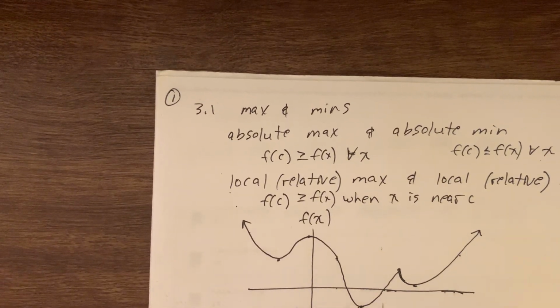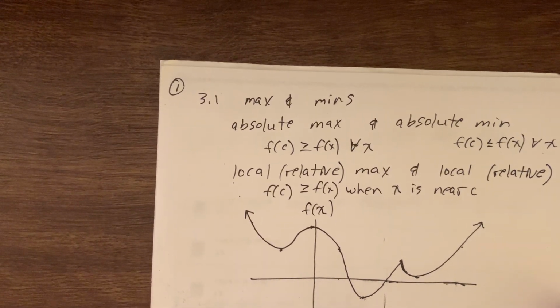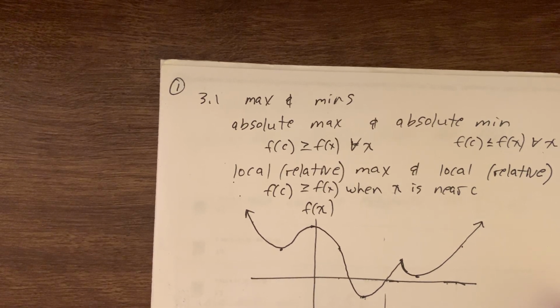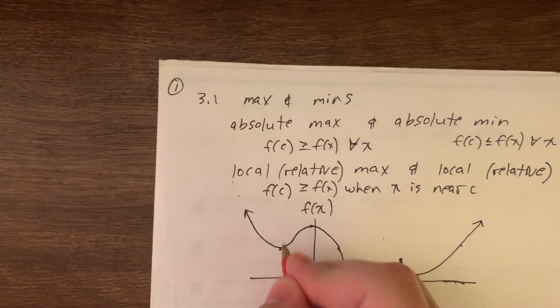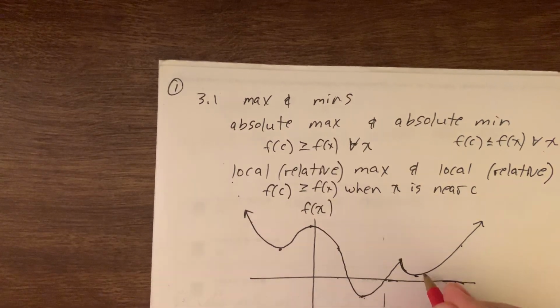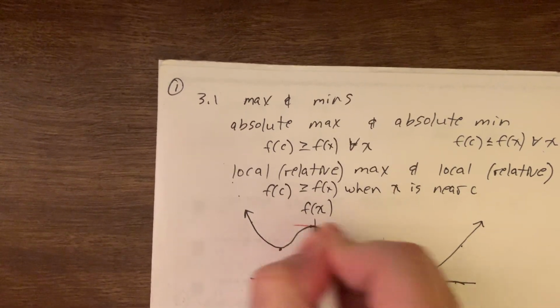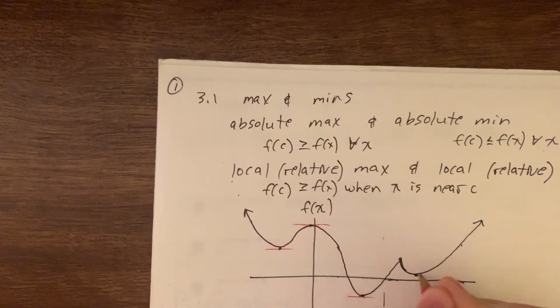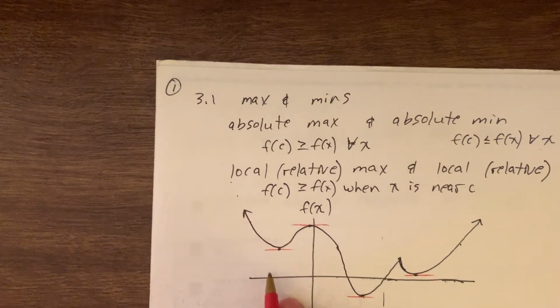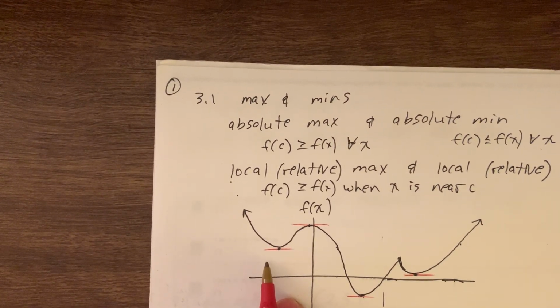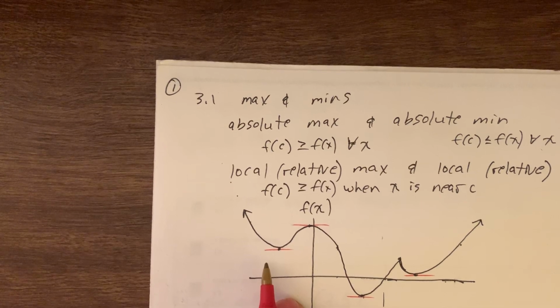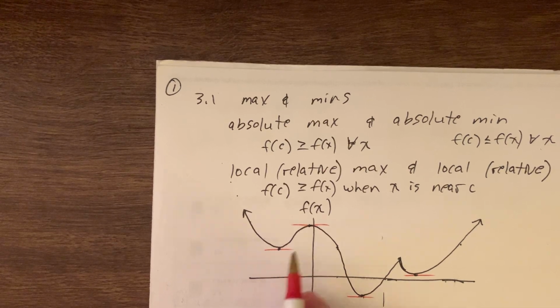And let's focus on the aspect of the derivative. So what can I say about this point, this point, this point, this point? Well, if we think about the derivative, they would all have horizontal tangent lines. That's not a coincidence. There's a big reason why we focus so much on finding where functions have horizontal tangent lines, and we're going to see why that is in just a moment.